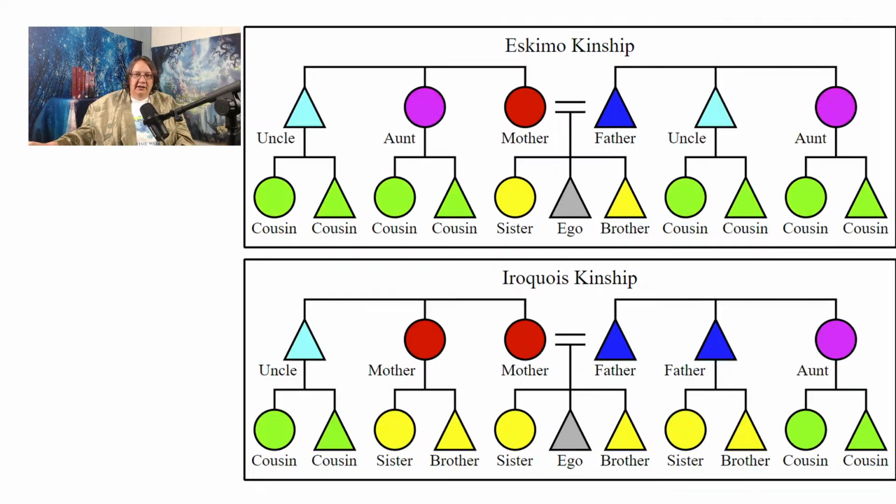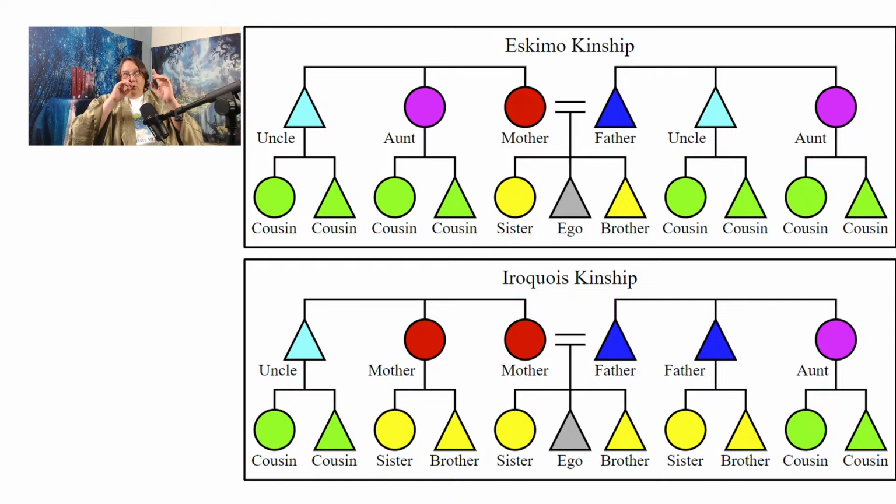Okay, so Sudanese and Hawaiian, what else have we got? Eskimo is actually pretty much what we have in most of Western society. It's your uncle, your aunt, your cousins, your mother and father. So that's the classic English structure as well, and it's what the Eskimos maintained. The Iroquois kinship structure has a very, very interesting setup.